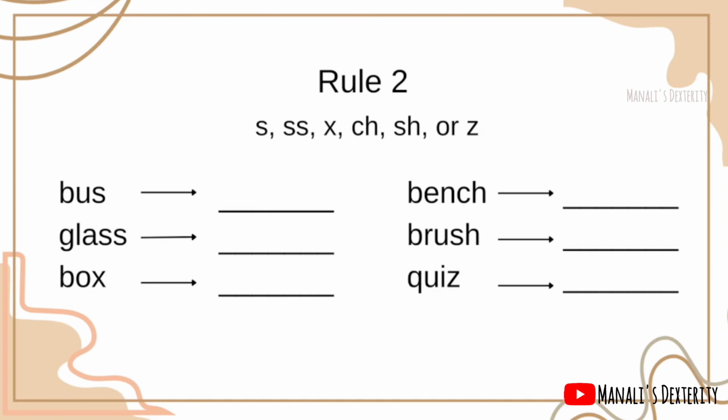Next rule is whenever a word ends in s, double s, x, ch, sh, or z, we have to add es at the end.